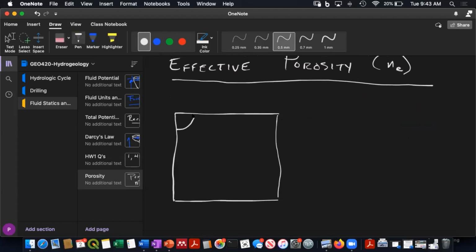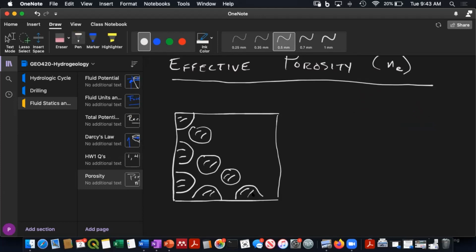So I've got these sand grains. And what's the kind of porosity in between the sand grains? Okay, I'd go 10%. This is reasonable. And what do we call this? Yeah, this would be intergranular porosity.